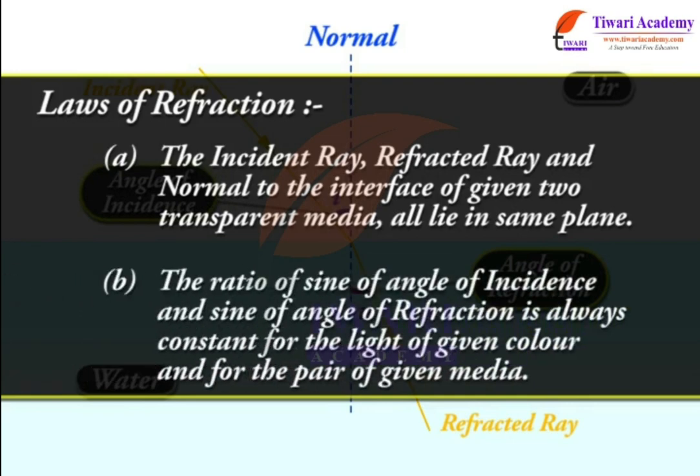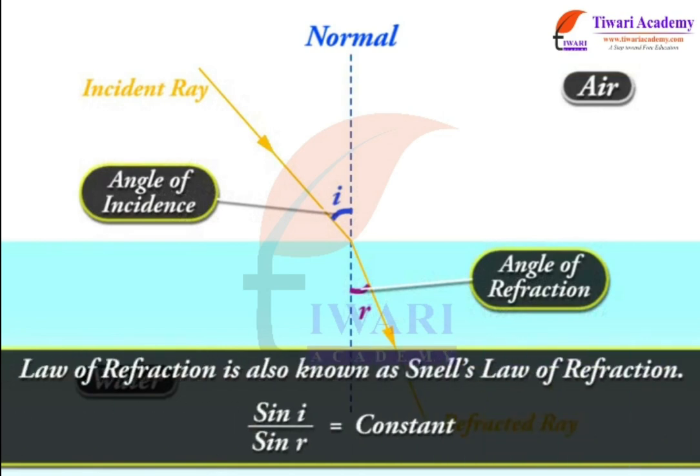B. The ratio of sine of angle of incidence and sine of angle of refraction is always constant for the light of a given color and for the pair of given media. Law of refraction is also known as Snell's Law of refraction. Sin I upon sin R is equal to constant.